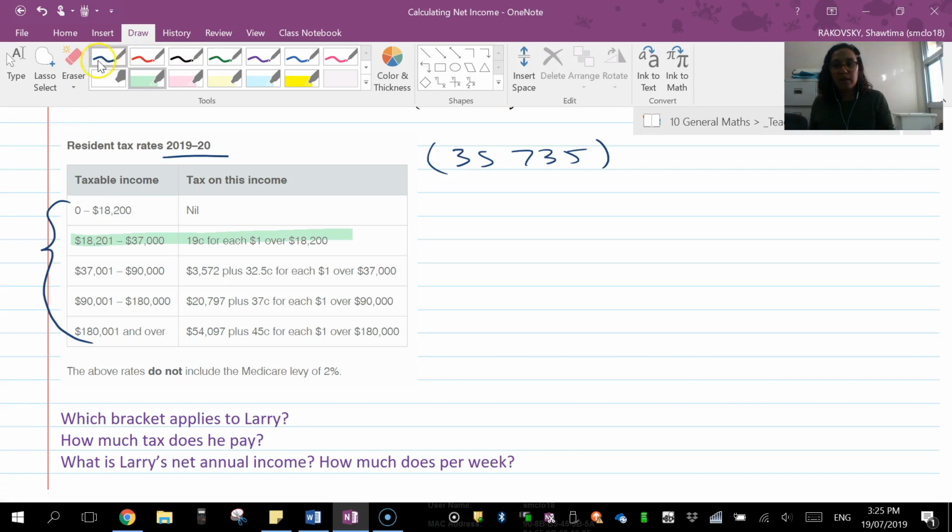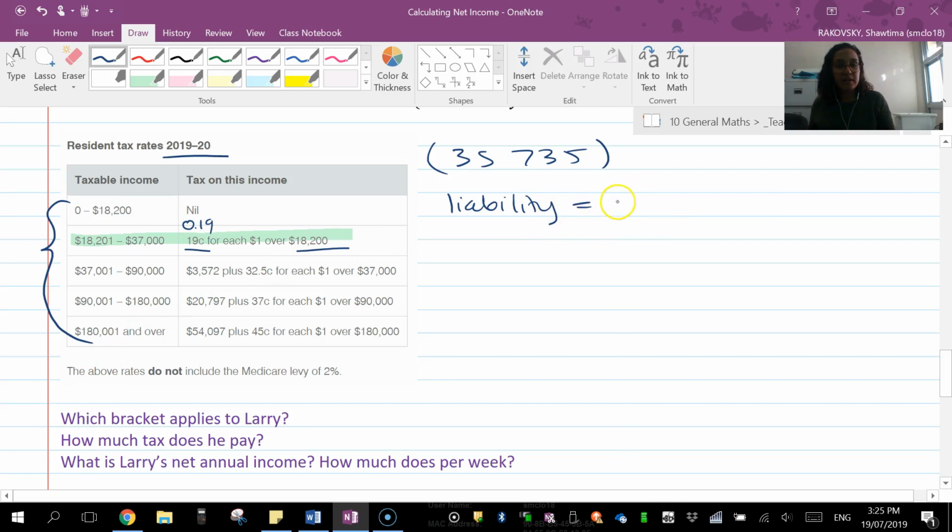So in this case here, his tax liability is going to be that for every dollar over 18,200, it's 19 cents. Another way of saying that is 0.19.